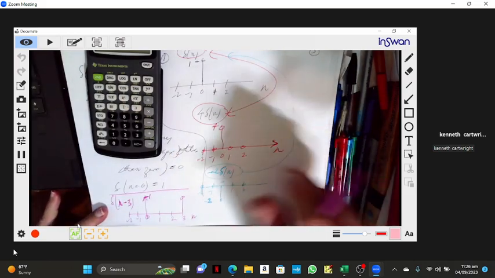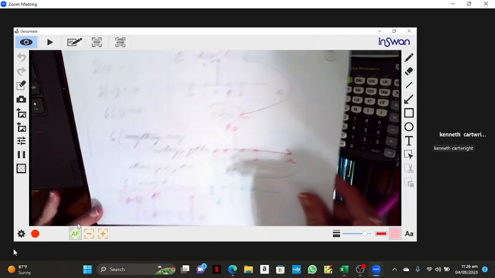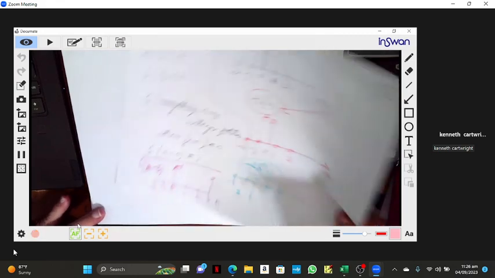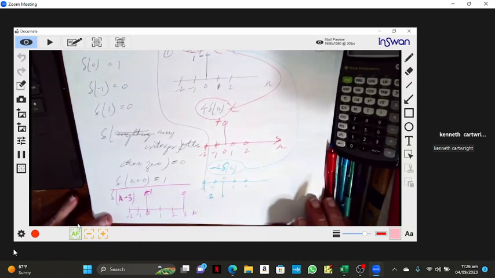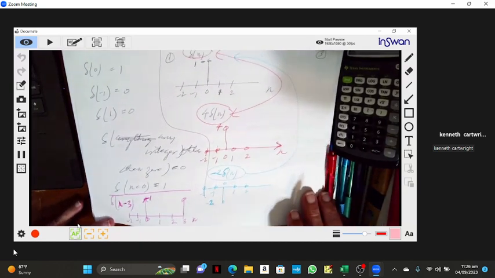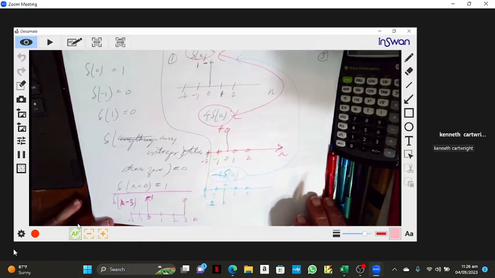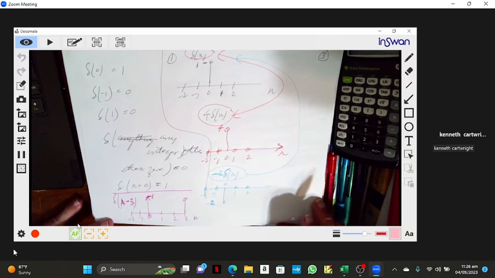Everybody snip this, please. I'm going to the next page.